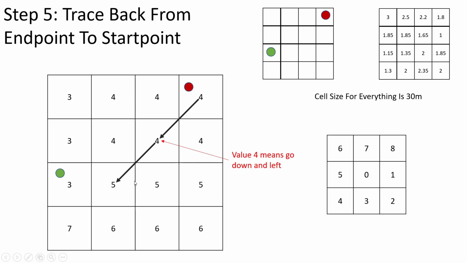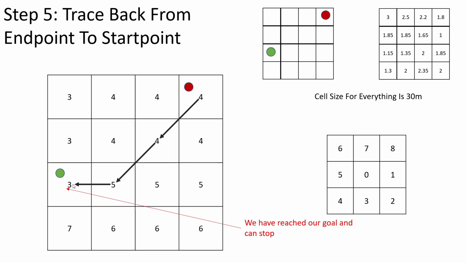Again, we're going to take this value and put it into our direction matrix here. A value of 5 means to go left. So we're going to go left. That gets us here. In this basic example, here is actually where we stop. We've reached our goal.